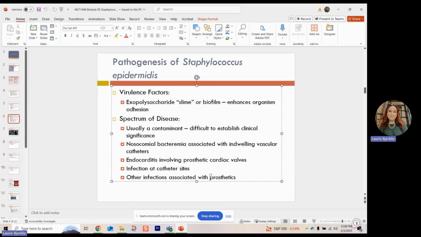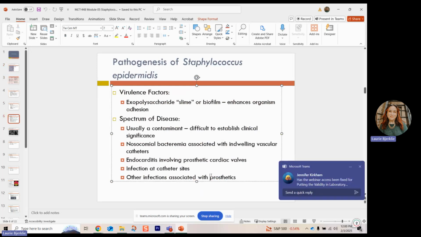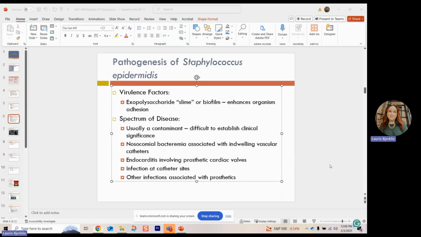When it gets onto those prosthetic or medical devices, it will form that layer of slime, that biofilm, and hang onto that surface, and it will thrive, because your immune system can't get through that slime layer. That's where it can really pick up and cause that infection. Otherwise, it's typically a contaminant if it pops up in culture.